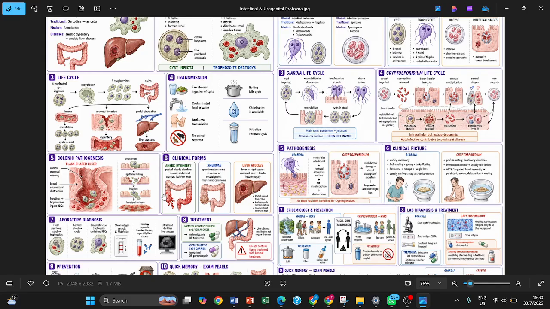Now, we already spoke about the clinical features of Entamoeba histolytica, namely amoebic dysentery. In chronic carriers of Entamoeba histolytica, you will see a mass in the cecum or rectosigmoid junction, which can mimic carcinoma, so it needs to be examined to make sure you make the correct diagnosis.